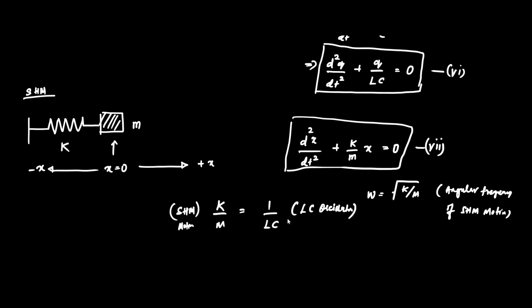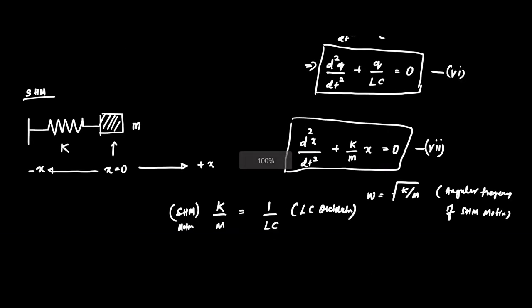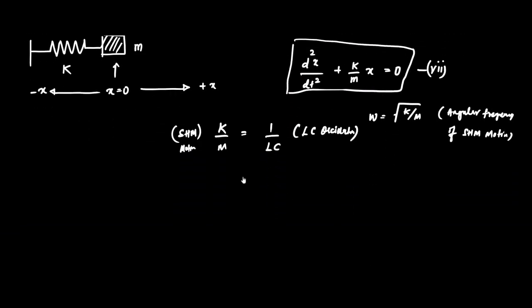So that means for the electrical system, the angular frequency we can write as omega is equal to root over of 1 by LC, or 1 by root over of LC.